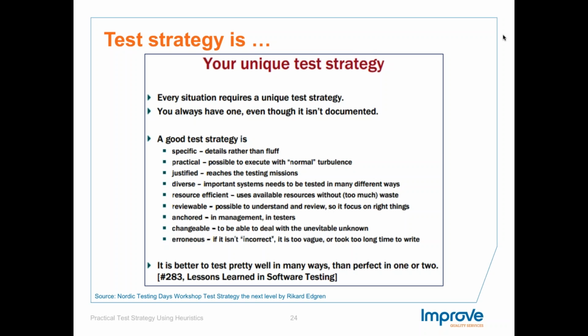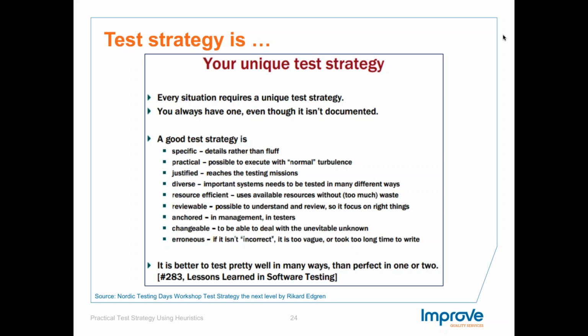Maybe in an early stage it might help, but while talking about test strategy, I need more specifics. Of course, it needs to be practical. We need a test strategy that's executable, that's usable, that's explainable to the people who are involved. It needs to be justified.